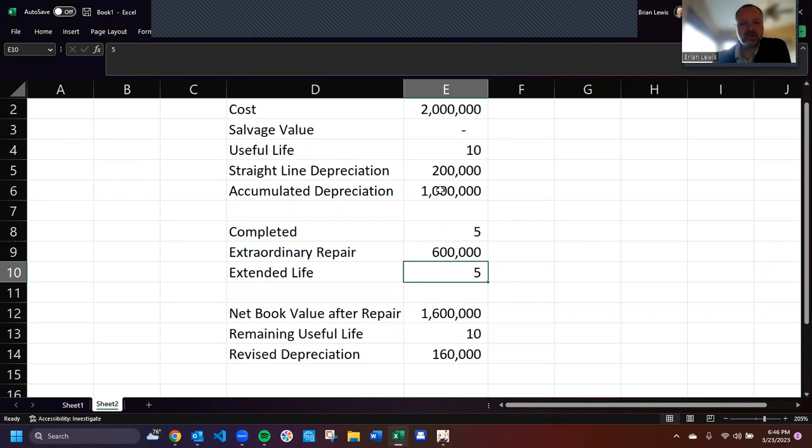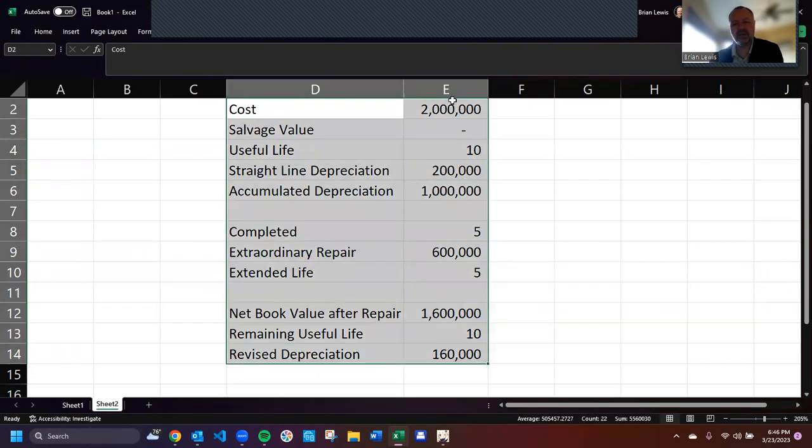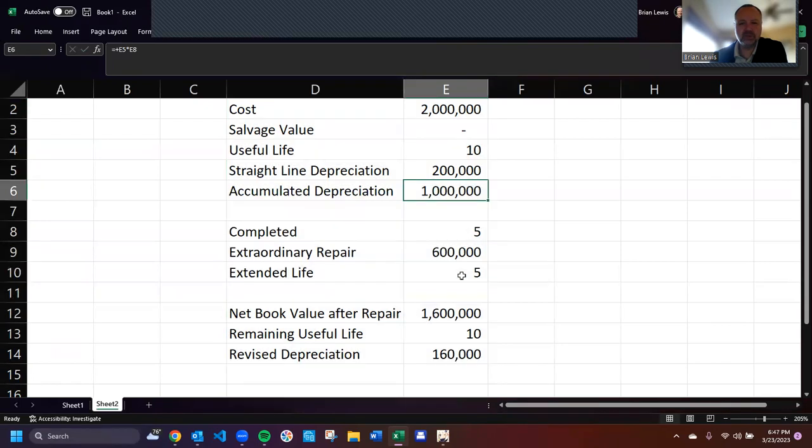Your accumulated depreciation at this point is the $1 million, right? So something like this where you can just create a quick kind of workout of the problem, plug in the numbers, and you've got all the values you need here. You have the accumulated depreciation, you have the revised depreciation, you have the net book value. You have a lot of different things going on here for you.